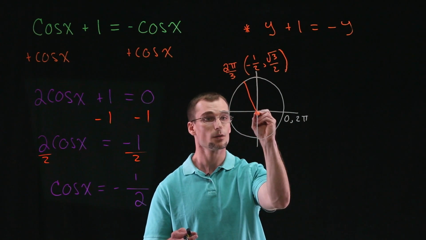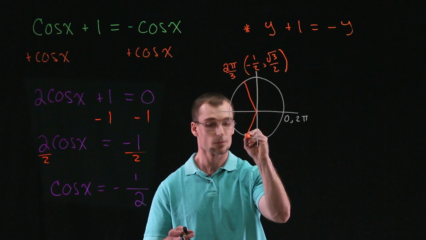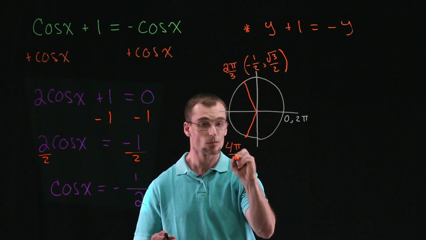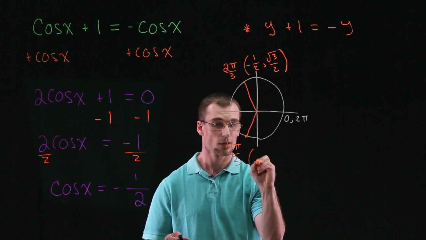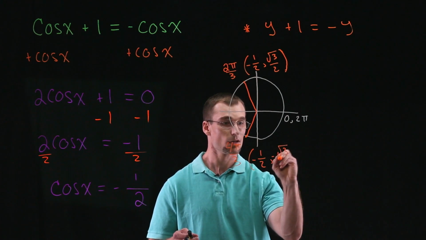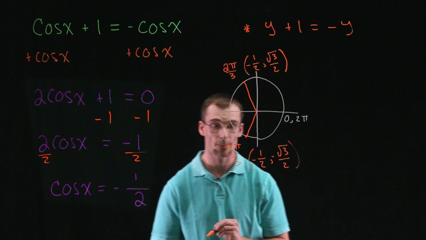And the other angle is 4 pi over 3, where we have point negative 1/2, negative square root of 3 over 2.